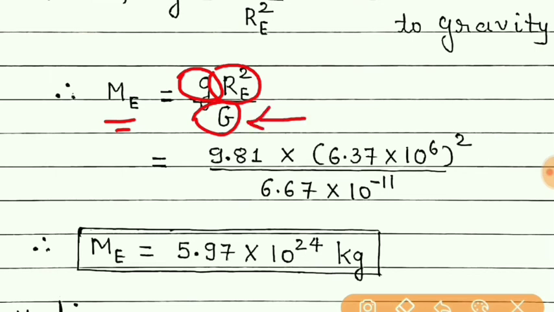The value of capital G, that is the universal constant of gravitation, is 6.67 into 10 raised to minus 11, and the value of small g, as well as the radius of the earth, is given.